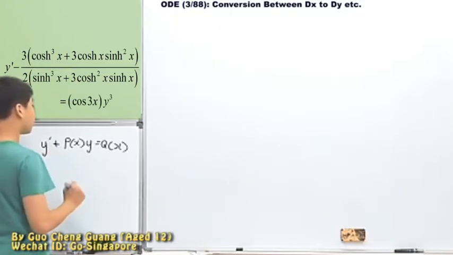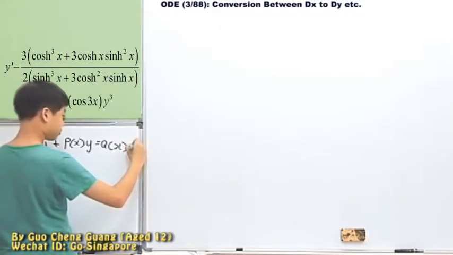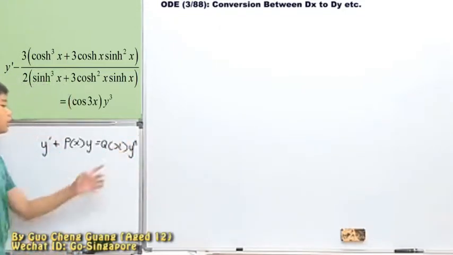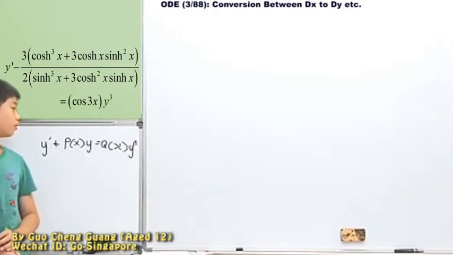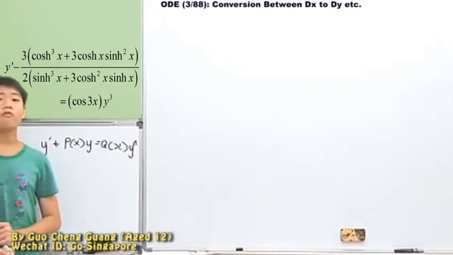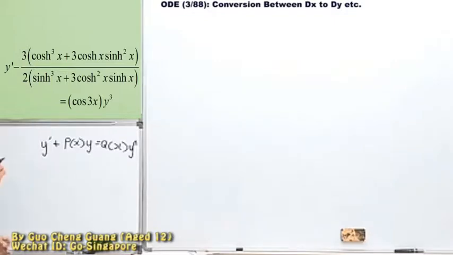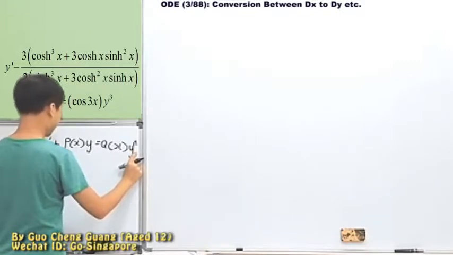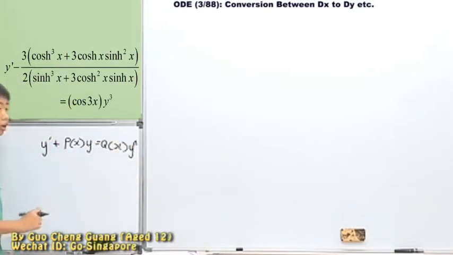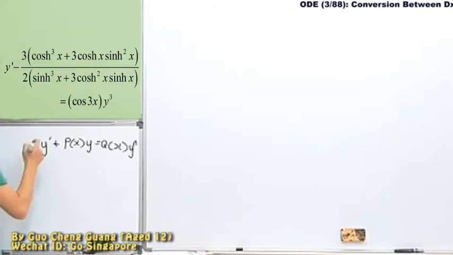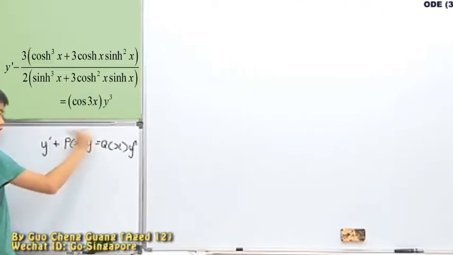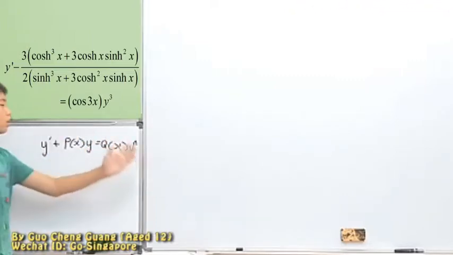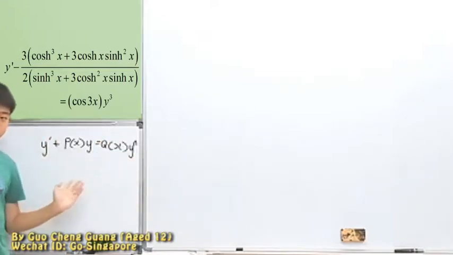Then next we move on a little bit more. Here we times y to the power of n. And what happens here? First order here is non-linear. Then here is non-homogeneous. And did you realize what type of ordinary differential equation is this?